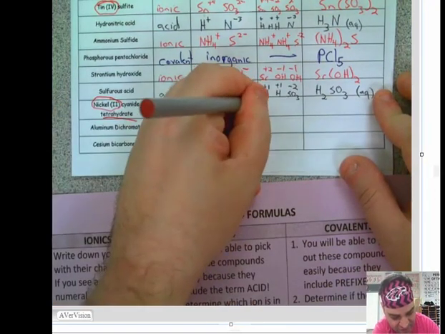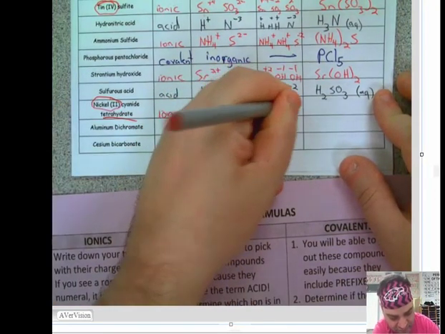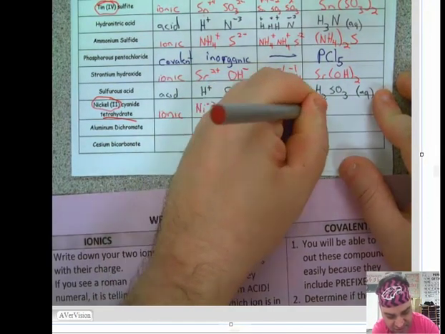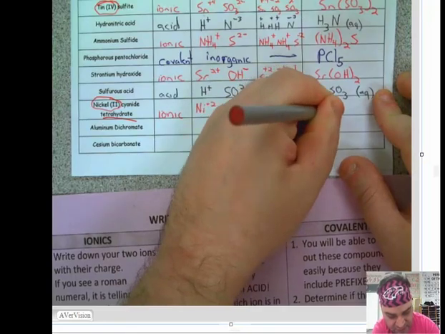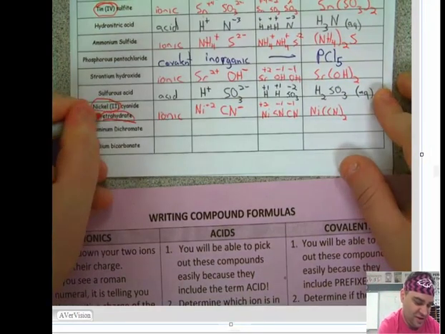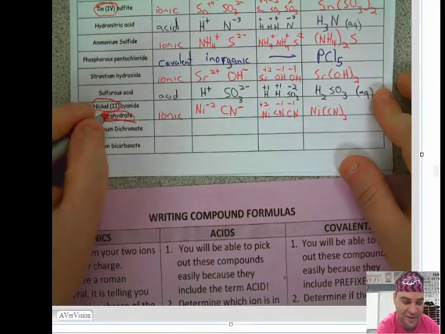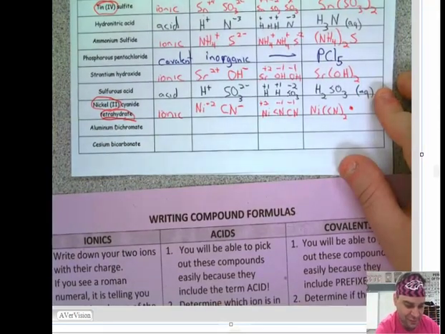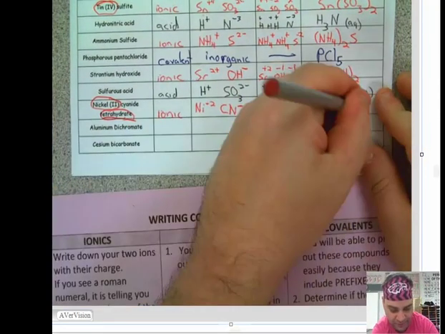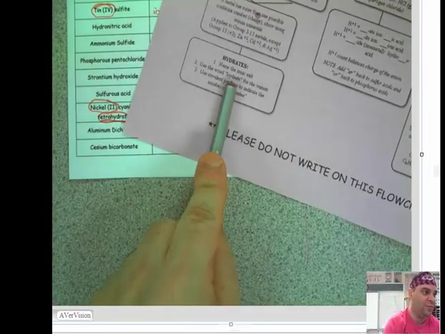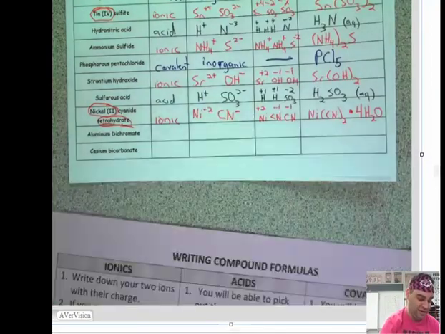So we have +2, -1, -1. So this is Ni(CN)2. Now this says tetrahydrate, so these are the ones with the dots. So you need to put a dot here, and then tetra means 4 waters. It's referring back to the hydrate rules back here, and that's how you would do that one.